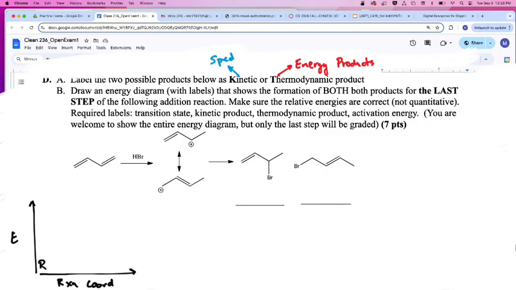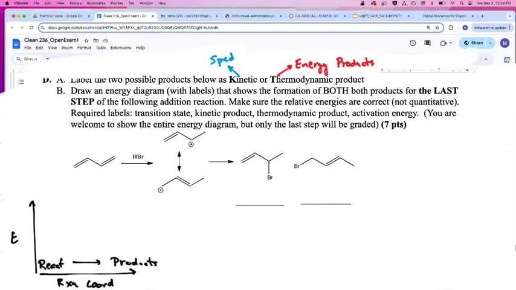What we're saying is as we progress further to the right, we're becoming products. If we were to put both our kinetic product and our thermodynamic product on this kind of diagram, okay, if we're talking about speed, what does that mean? Lower activation energy.